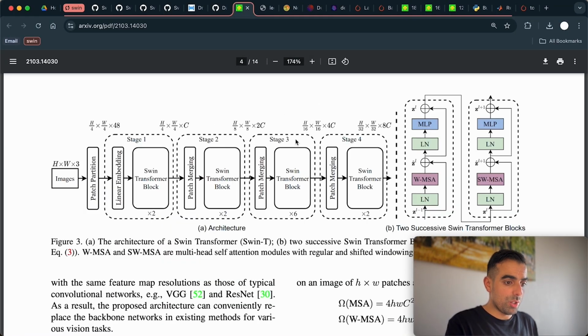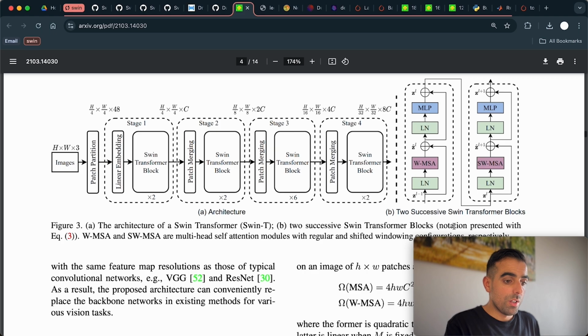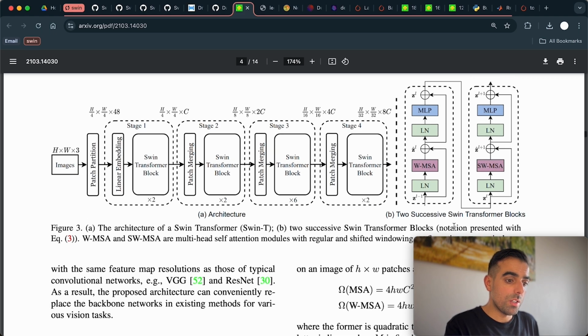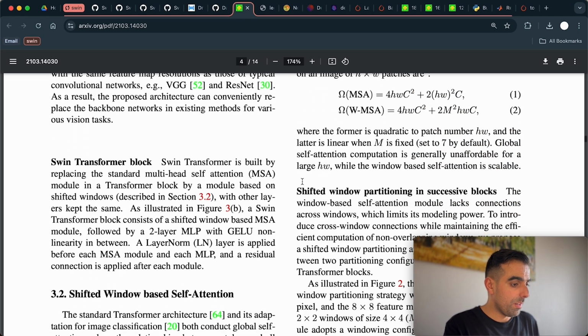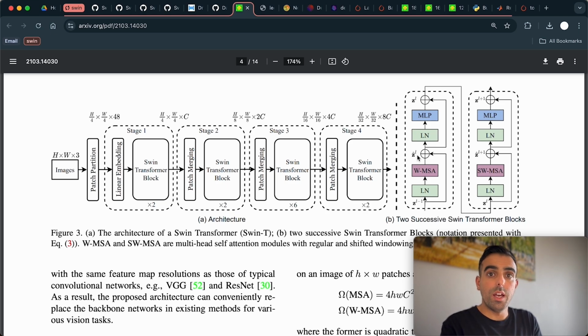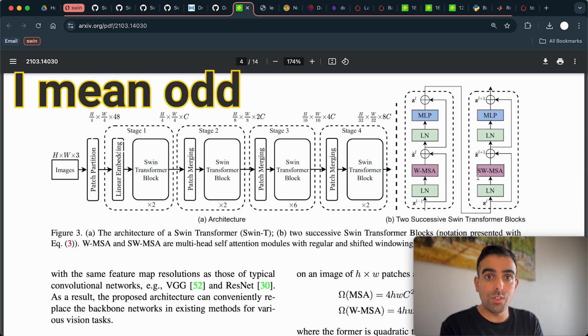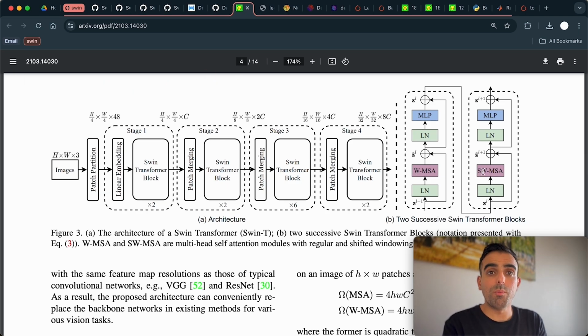So now let's get back to the Swin Transformer blocks. In Swin Transformer blocks, here they have WMSA and SWMSA. MSA stands for multi-head self-attention. So in the even transformer blocks, we are performing window multi-head self-attention. And in the odd Swin Transformer blocks, we are performing shifted window multi-head self-attention.